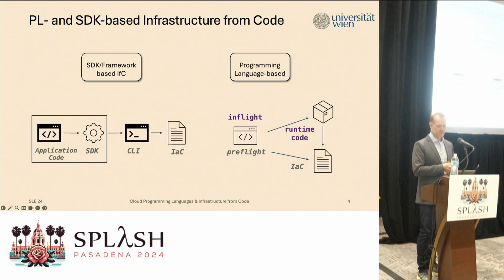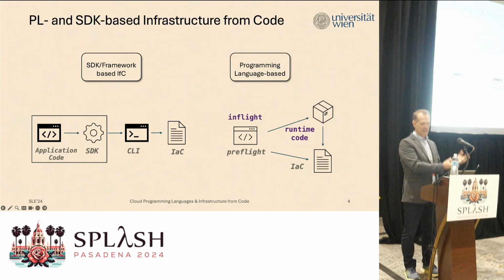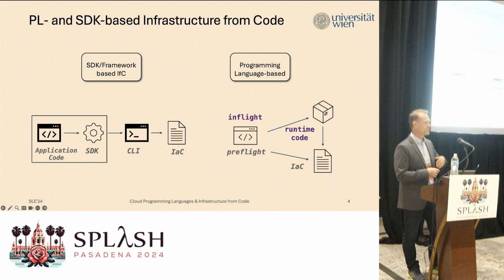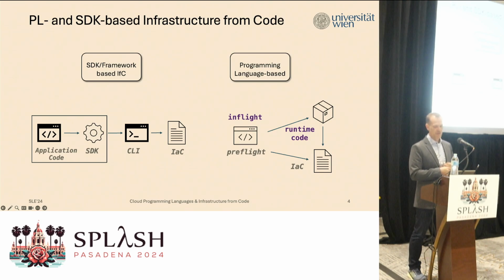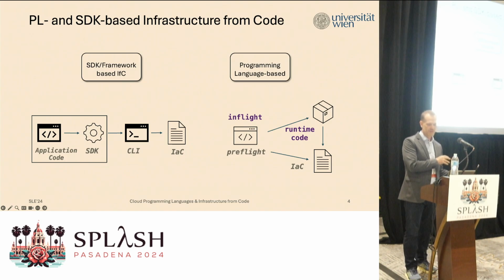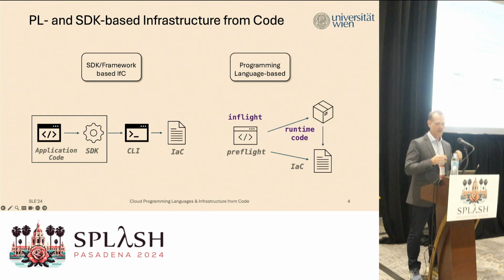It's in-flight code, which implements application behavior like handling API requests and processing queue messages, and these can be easily packaged and executed on cloud computing platforms, including serverless AWS Lambda, even Kubernetes or virtual machines. The second, the so-called pre-flight code, runs only once at compile time and compiles or transpiles this code to infrastructure configurations like Terraform.